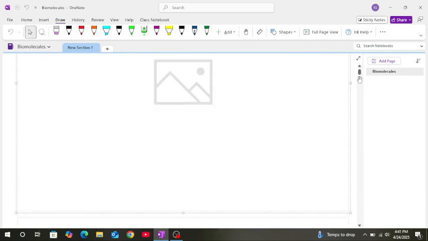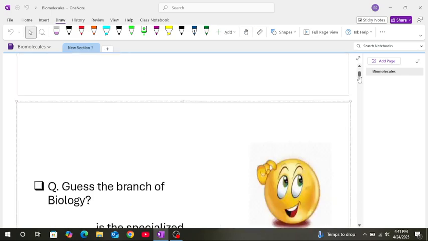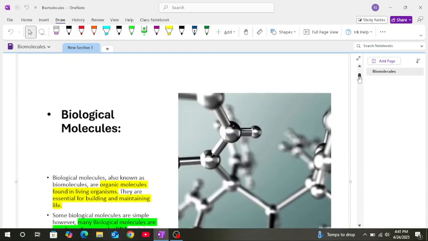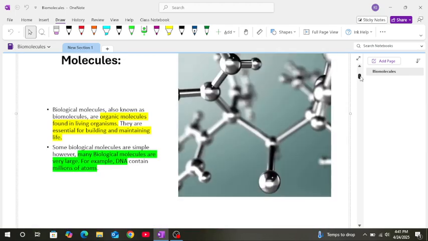In the same way, if we try to understand the concept of a biological molecule, it is very easy: what exactly is this biological molecule? It is actually an organic molecule. It's not only one, but there are plenty of biological molecules present in our body, in any living organism.